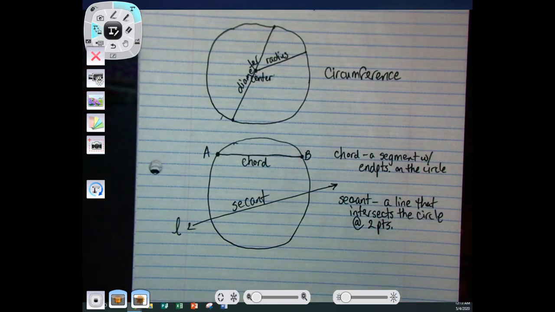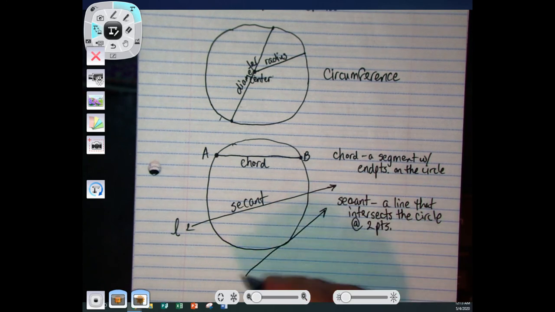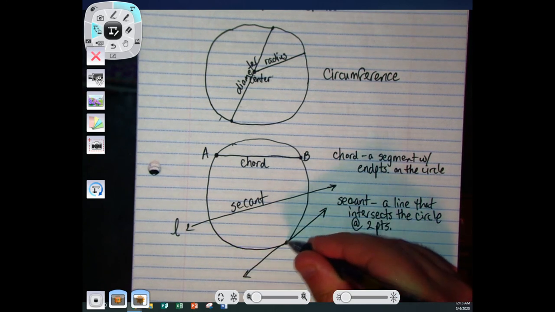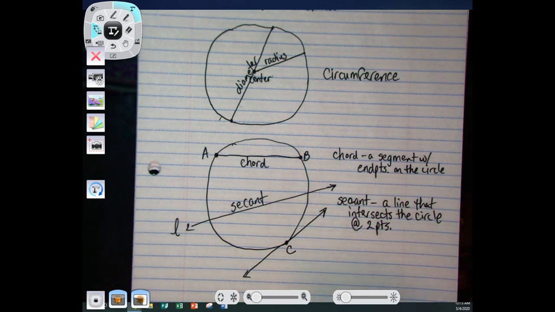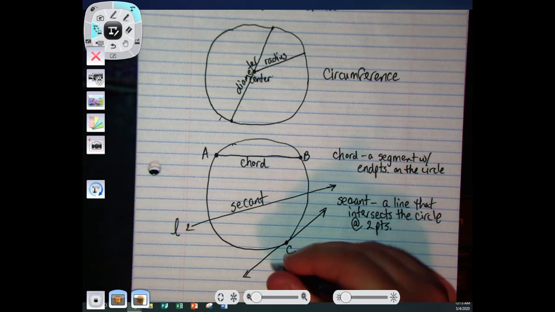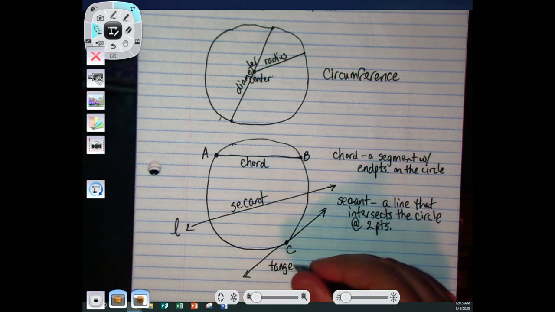Last but not least, the third type of line that we run into is what's called a tangent line. So a tangent line is a line that only intersects the circle at 1 point. And we'll call this point C. So this line here is what we call a tangent line.